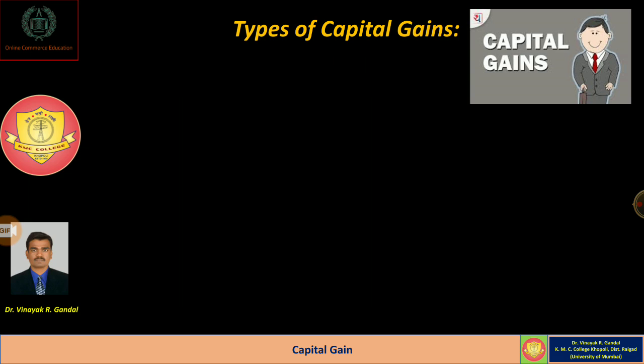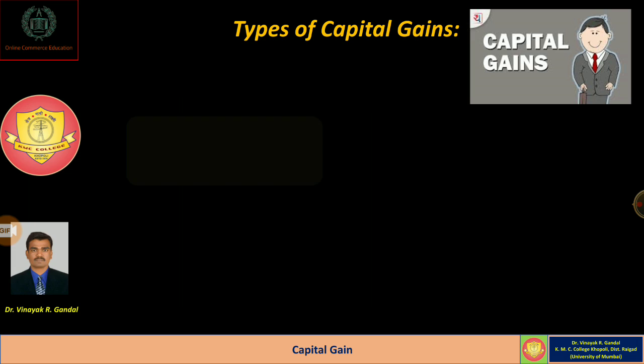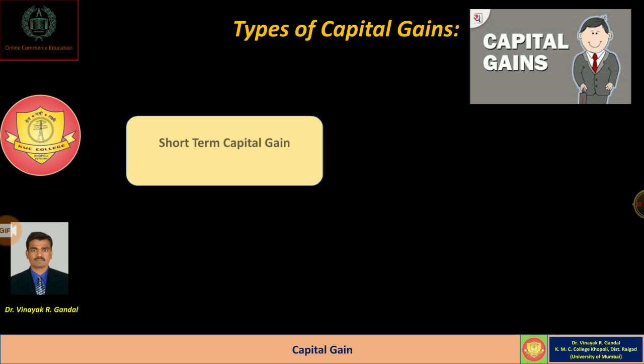So dear students, there are two types of capital gains. First is short-term capital gain. As per section 2 subsection 42B of the Income Tax Act 1961, short-term capital gain means the capital gain arising from the transfer of a short-term capital asset.